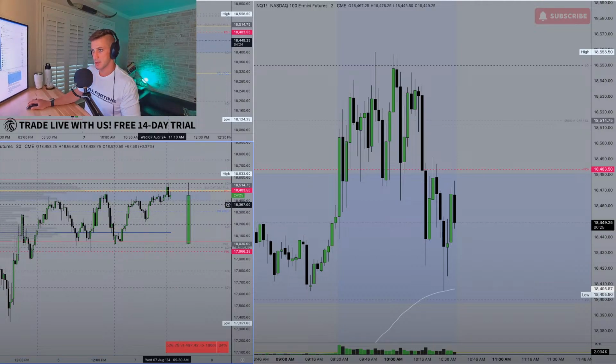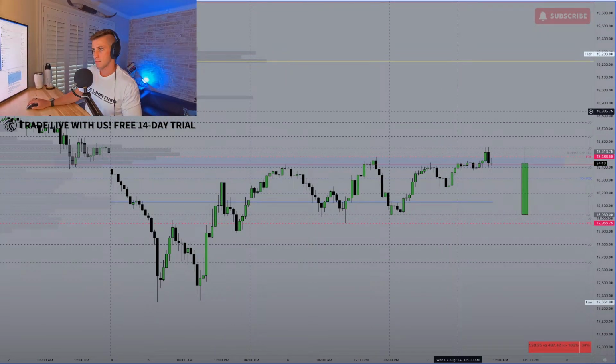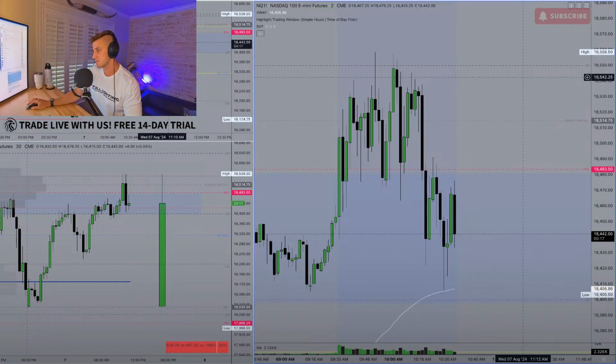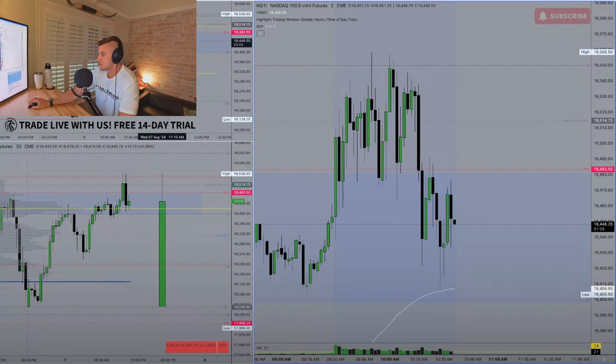These big areas, I always treat them like zones. So definitely still there. Main thing is just to have that awareness about location, where price is located.